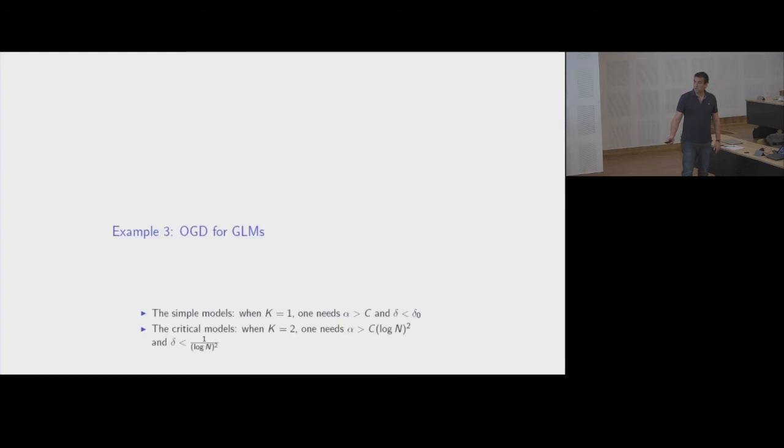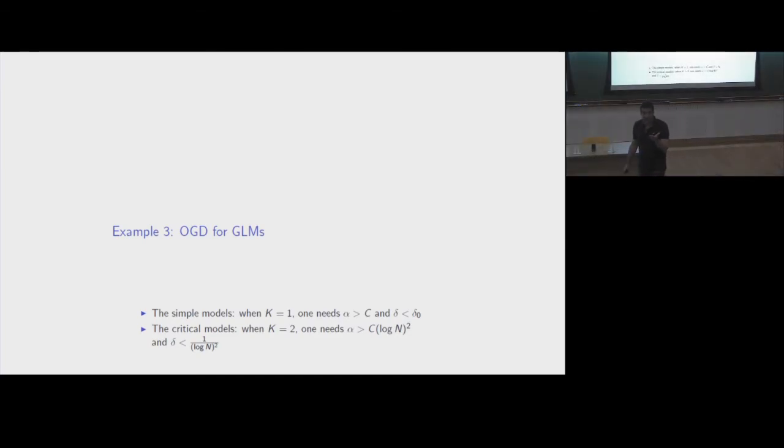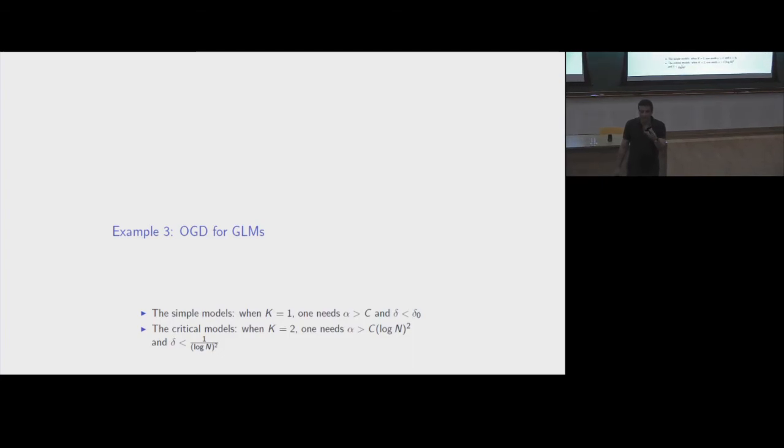Then the critical models are k equal 2. So for instance, if you look at tensor PCA, this would correspond to p equal 2, which corresponds to matrices, right? Now I give you a matrix, and there is a matrix you don't know, let's say a rank 1 matrix, V star, and you have a noisy version of it, and you want to recover it.